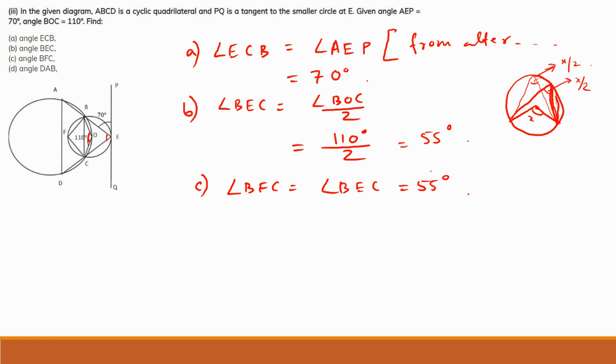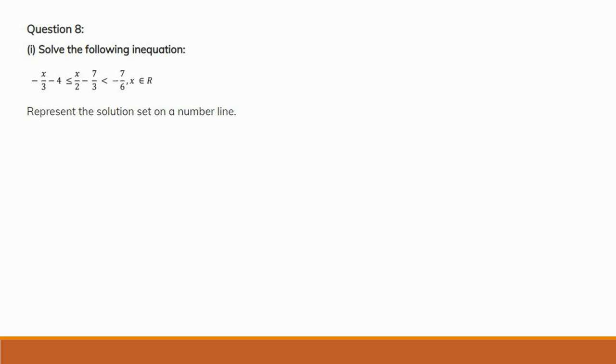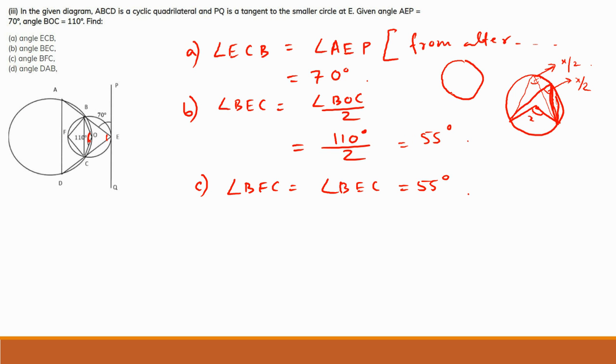It should also be 55 degree. Like two points on a circle, if it forms an angle, it doesn't matter where it forms, all will be equal. Sorry, this is on the circle. This all will be x degree, even if it forms here, everything will be x degree.